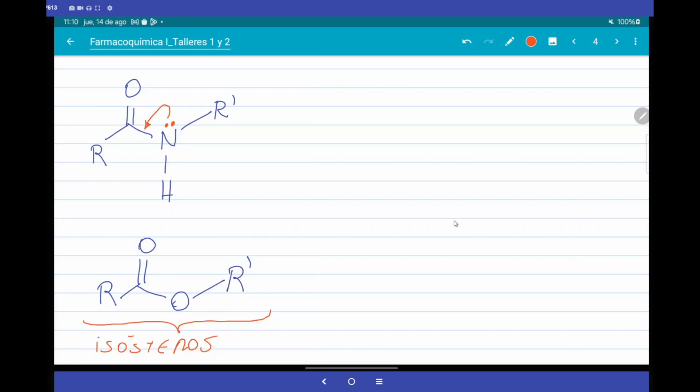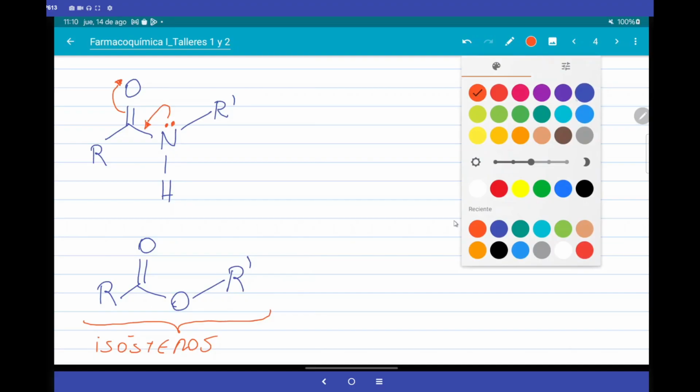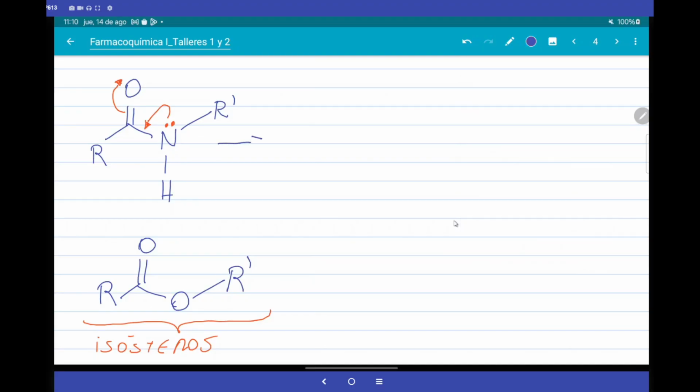On the one hand, if we go first to that resonance, let's develop the question to find the answer to this, because these functional groups are going to repeat a lot throughout the course. There are many drugs that have esters and amides in the structure.